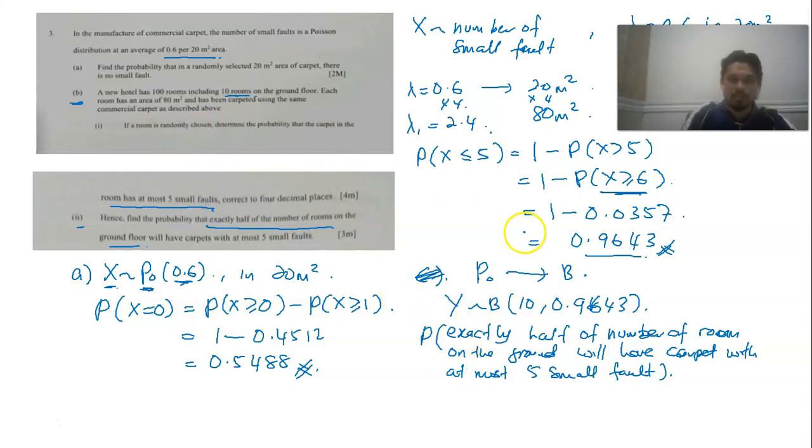So we are using the result of B1 here for the next question. So this one will come up as the probability of y exactly equal to 5.